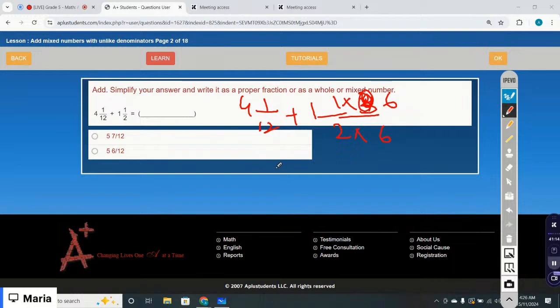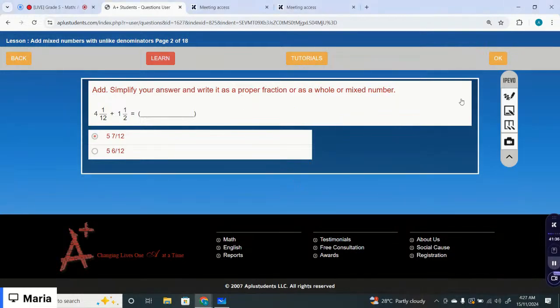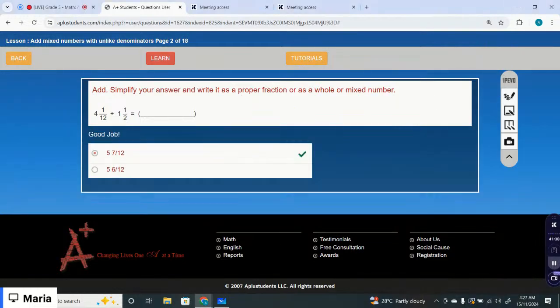That is 4 whole 1 over 12 plus 1 whole 6 over 12. Now you can add the whole numbers, 4 plus 1 is 5 and 1 plus 6 is 7. That is 5 whole 7 over 12. So the correct option is option number 1. That is 5 whole 7 over 12.